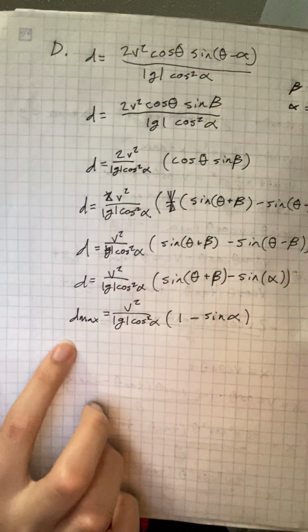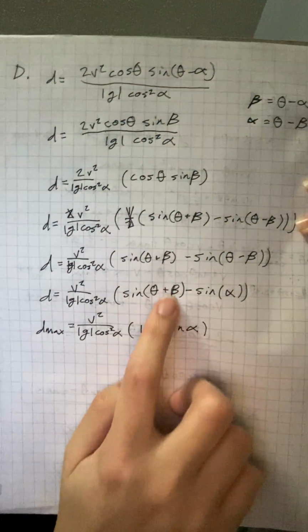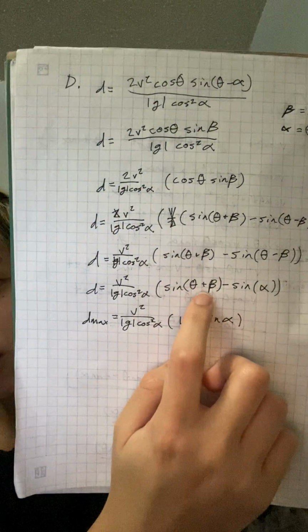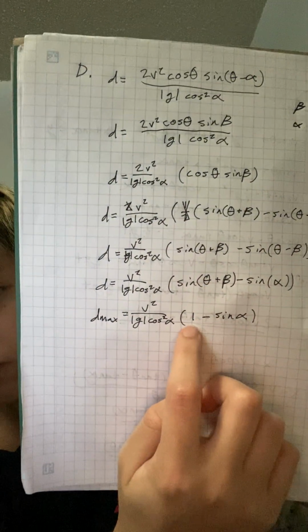So I can redefine the term as v squared over the absolute value of g times cosine squared alpha times 1 minus sine of alpha, equivalent to d maximum. Because if this is at its maximum, it's going to equal 1.